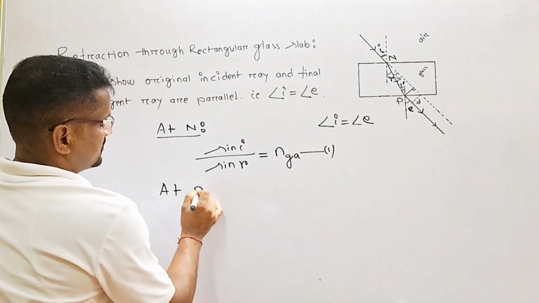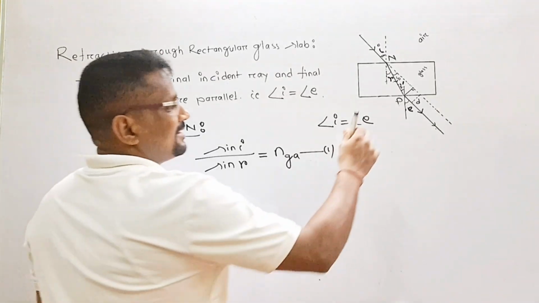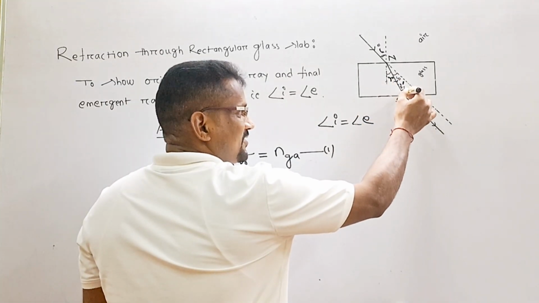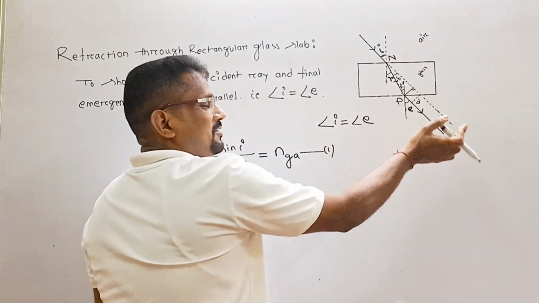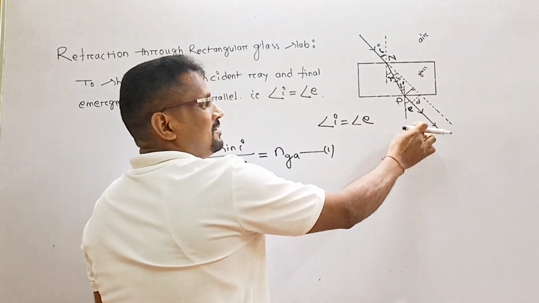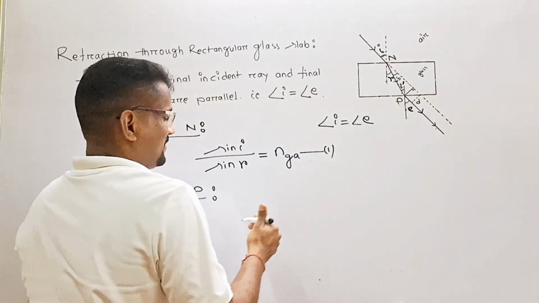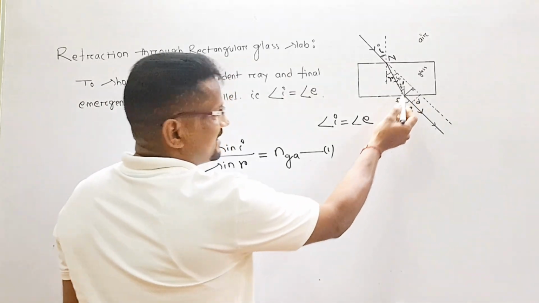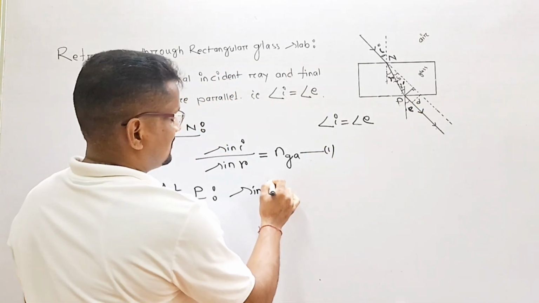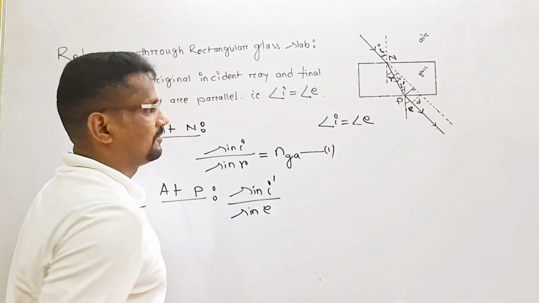P, at this point, let us apply Snell's law. Then in this case, this is your incident ray. Actually, this is the refracted ray for air and glass medium. But if we consider glass and air medium, then this is your incident ray. And this is your refracted ray. That's why the angle of incidence, which we have denoted I dash: sin I dash divided by sin of the angle of refraction.